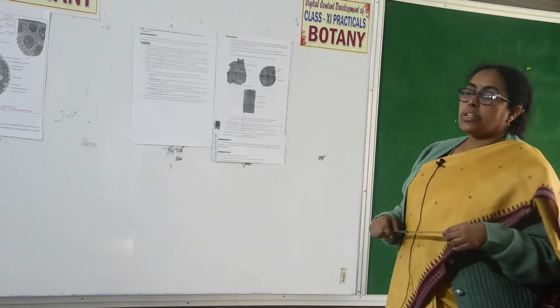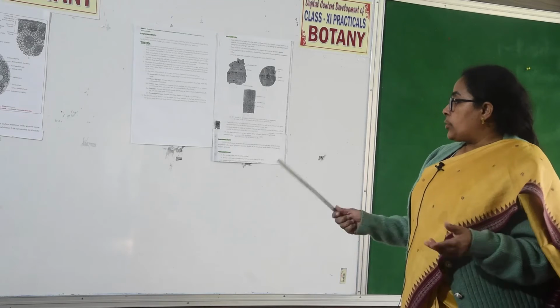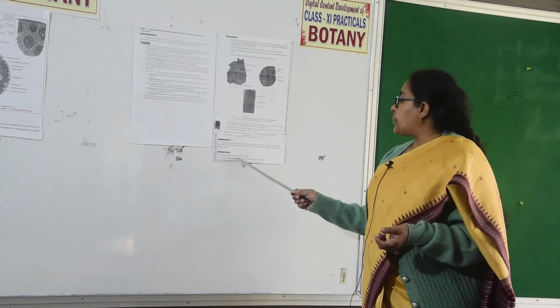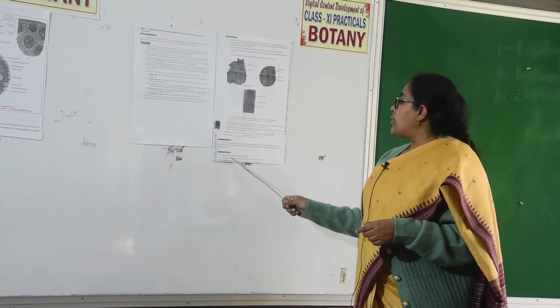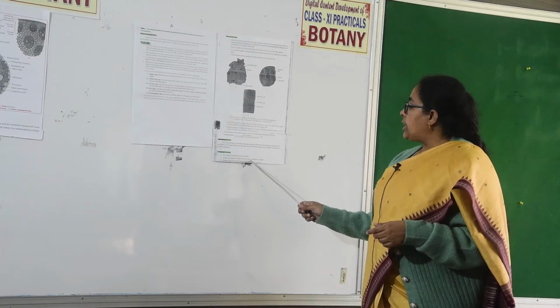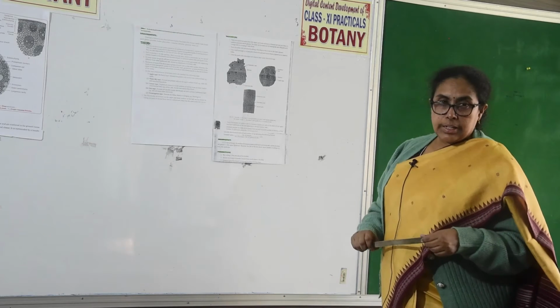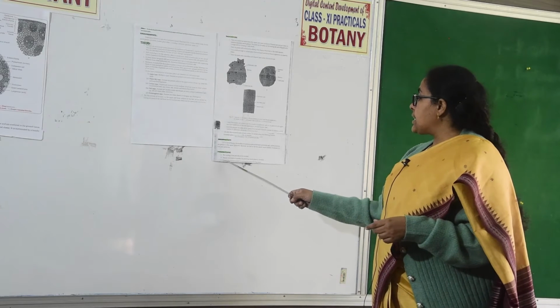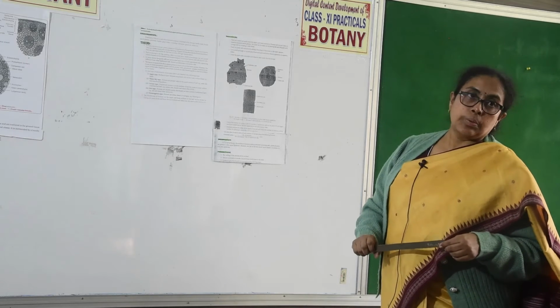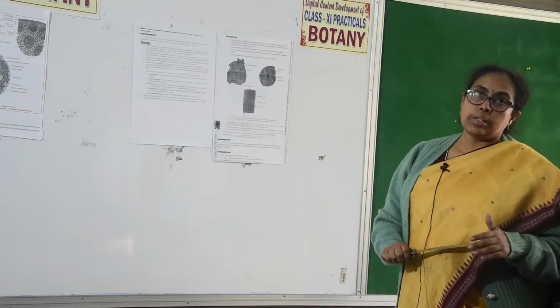Some precautions while doing the experiment: the curling of the peel should be avoided, always use a brush to transfer the peel from the watch glass to the slide, and excess glycerin should be removed. These are the precautions which you will take.